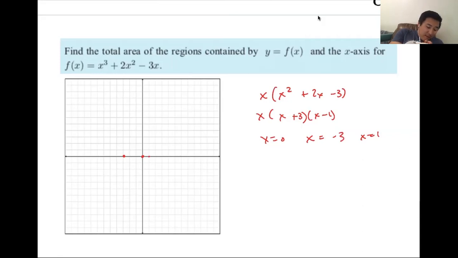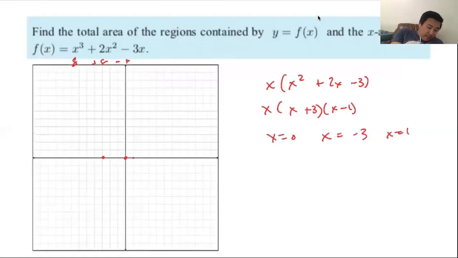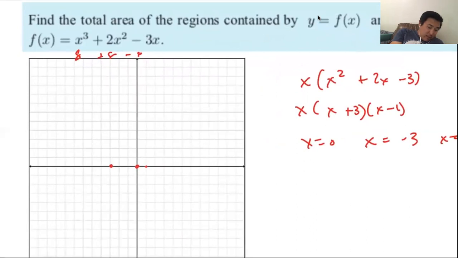If I plug in 2, you get 8 plus 8 minus 6, which is a positive number. 16 minus 6 is 10. So at 2, it's 10.